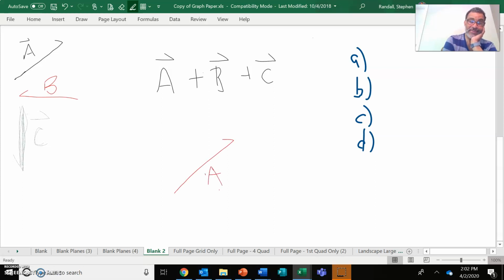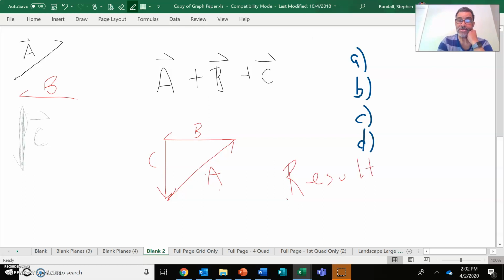This would be A. And then you'd leave A and you'd go backwards for B. This is B. And then you leave B and you go down for C. So this would be C. So what would your resultant look like? Well, you started here and you ended at the same place. So the resultant, the result of your trip, is 0. You didn't move, right?